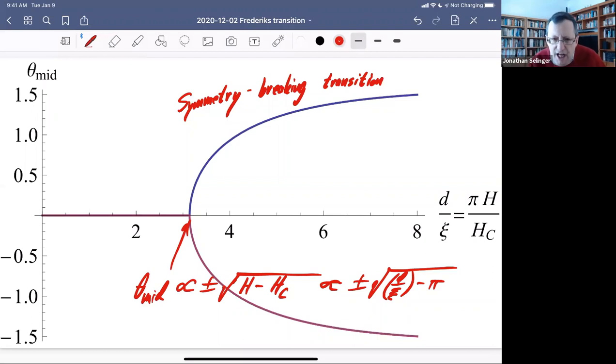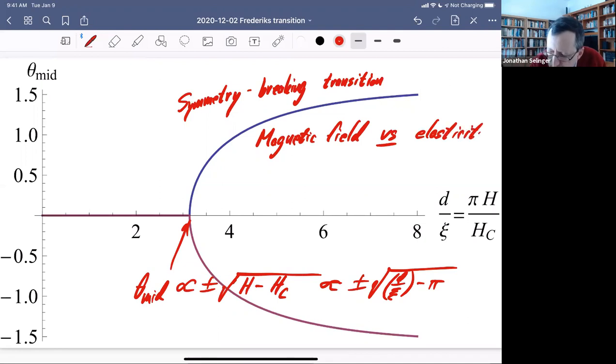Here, it's the same thing, but it's not entropy versus gravity, it's magnetic field versus elasticity. But it's the same sort of idea, and it gives the same sort of result for the symmetry breaking transition.